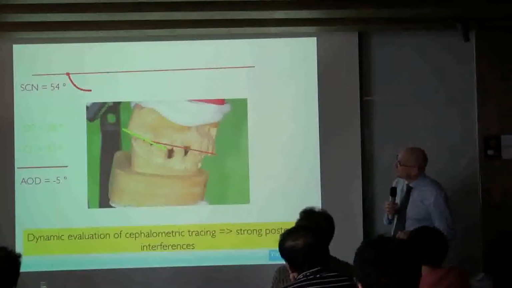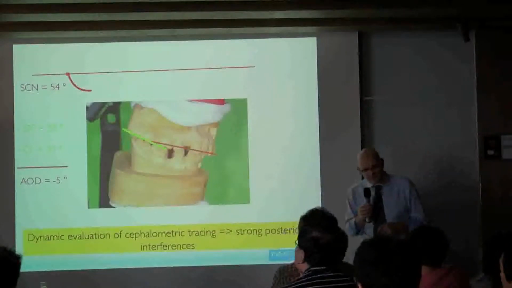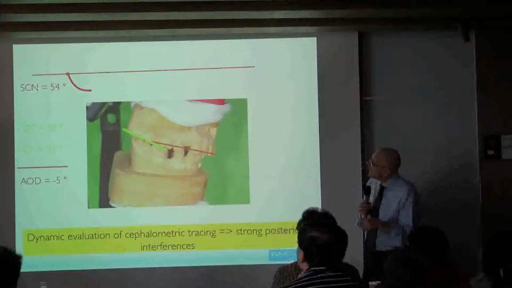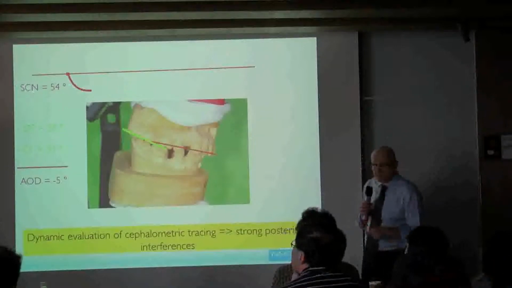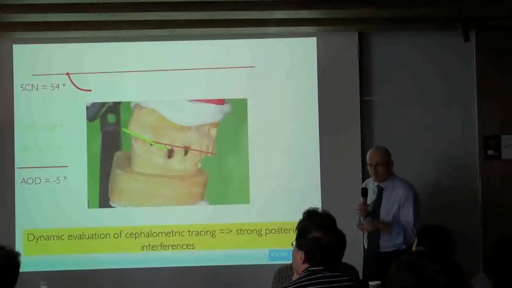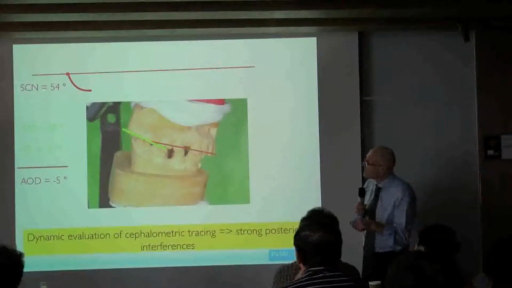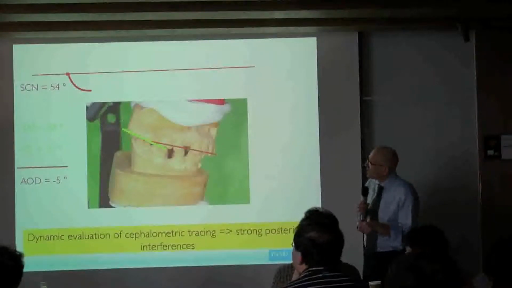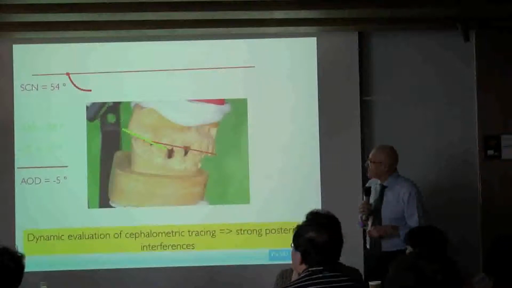This is a very simple mathematical equation. If we have sagittal condylar inclination, sorry, N is German, it should be I, inclination. Occlusal plane is 28. The depth of the cusps is 31.